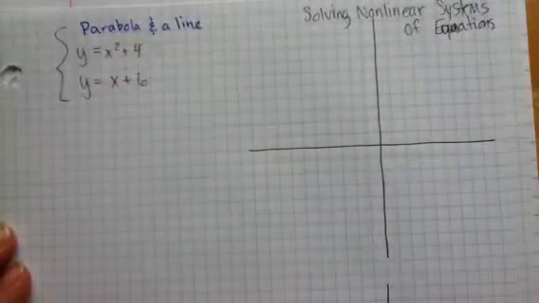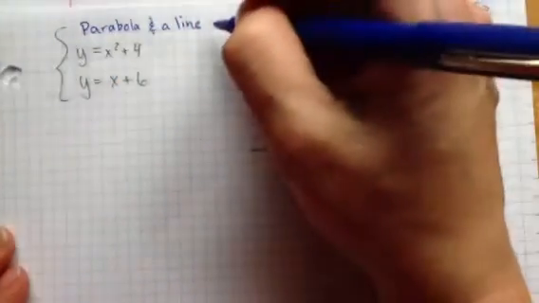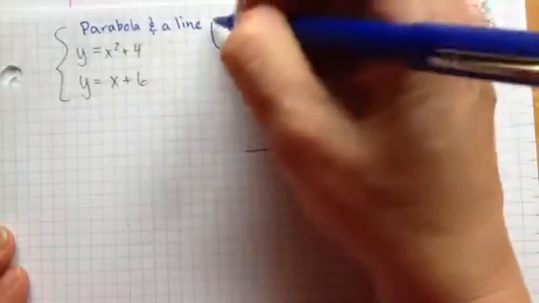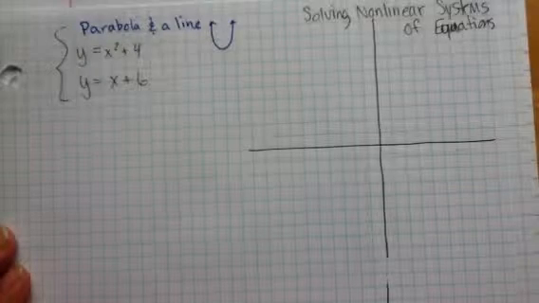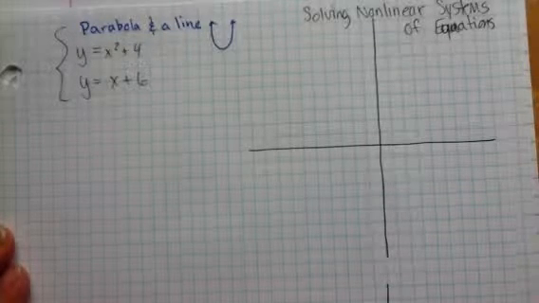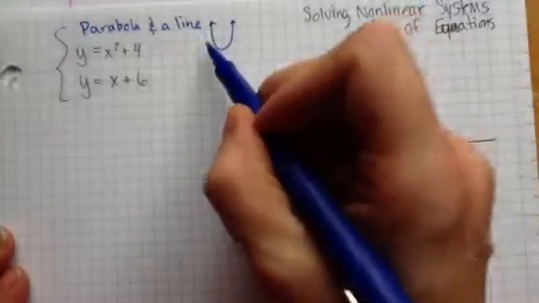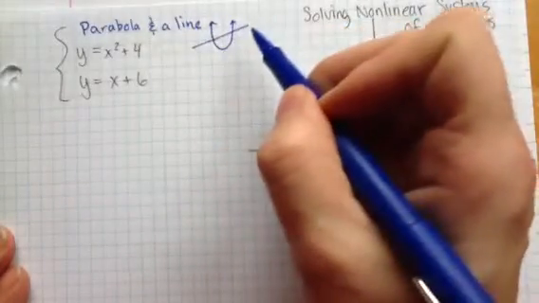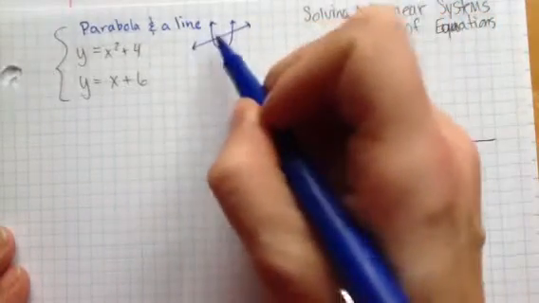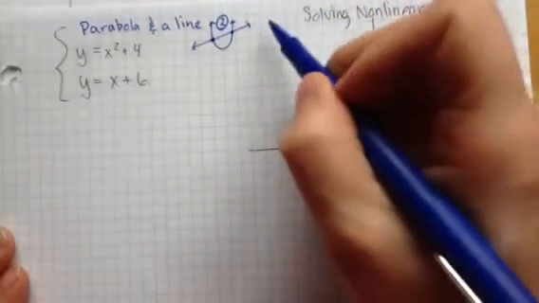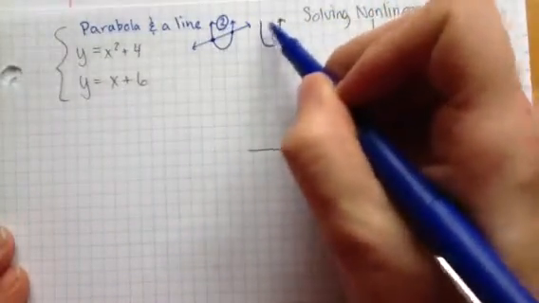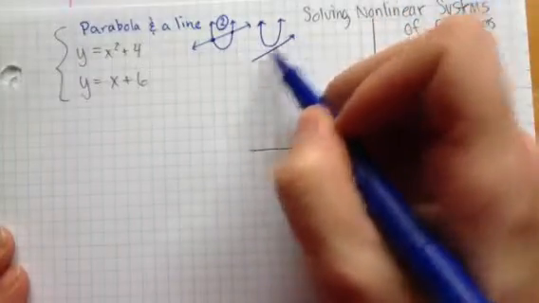Now, as we know, a parabola is kind of a U shape. So a couple of different possibilities we can have if we have the equation of a parabola and a line. Well, we could have a line that crosses through the parabola. So we could have two solutions. Or we could have a line that entirely misses the parabola.